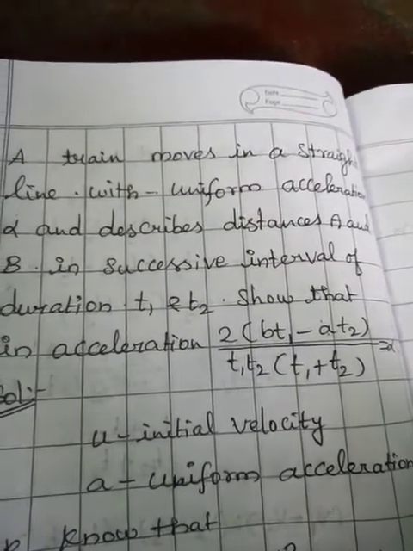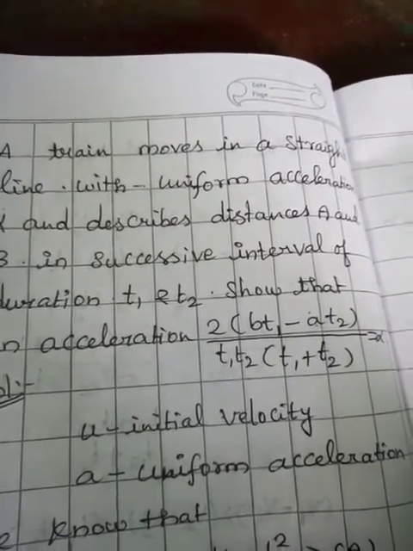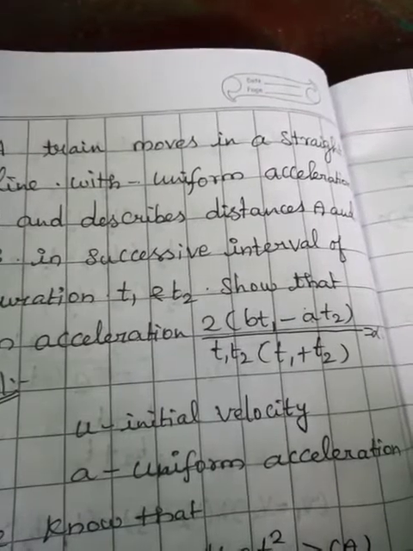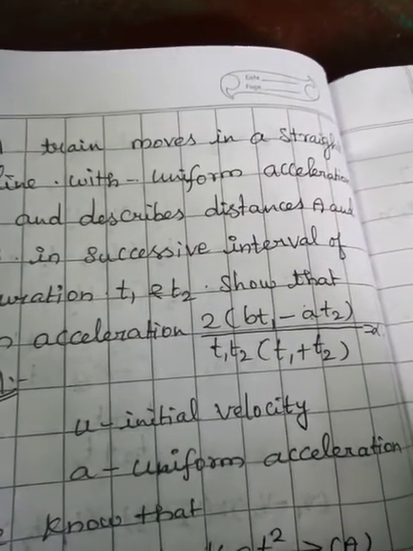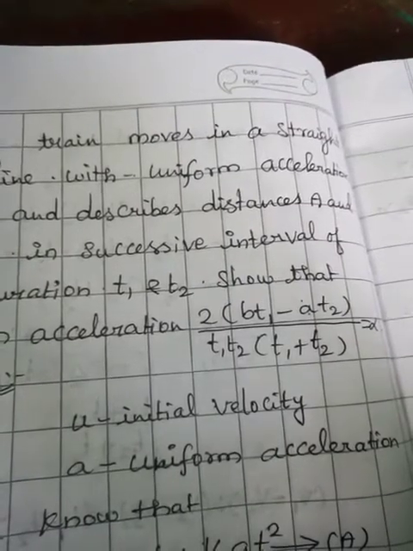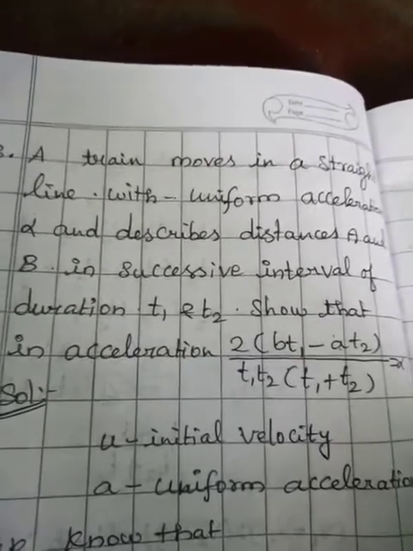Show that the acceleration is 2(b t1 minus a t2) divided by t1 t2 (t1 plus t2), which is equal to alpha.